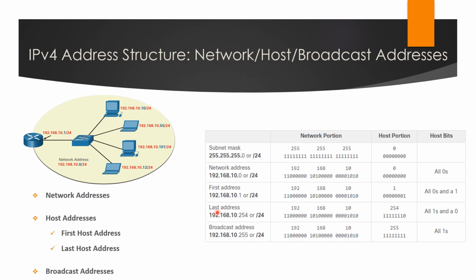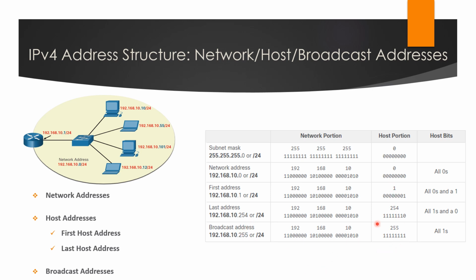192.168.10.1. The last address, we said that the host portion will be all ones followed by a 0. So 7 ones followed by 0. 192.168.10.254. And we have the broadcast address.